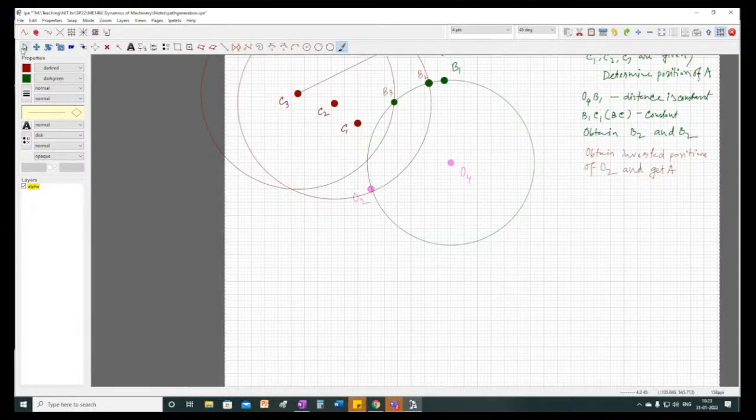So first thing what we are doing, we will now copy all these points O2, O4, B1, B2, B3, C1, C2, C3.